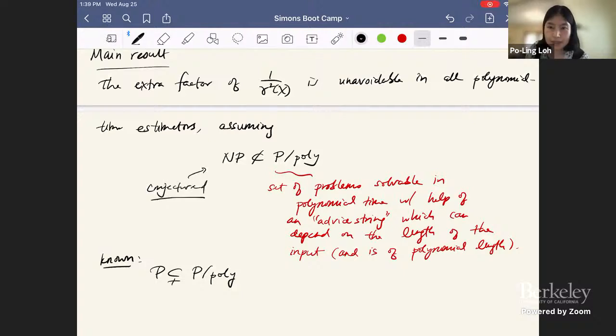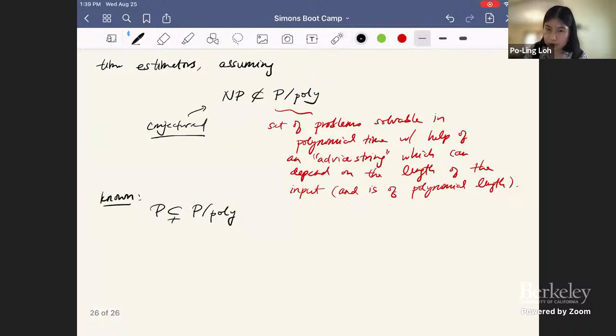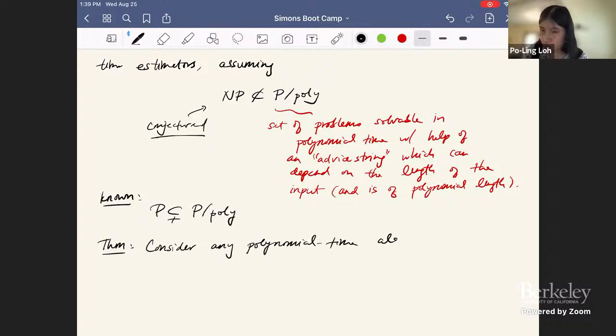Okay. So assuming that this is true, we have the following result. The theorem says: consider any polynomial time algorithm which outputs a k-sparse estimator theta hat.